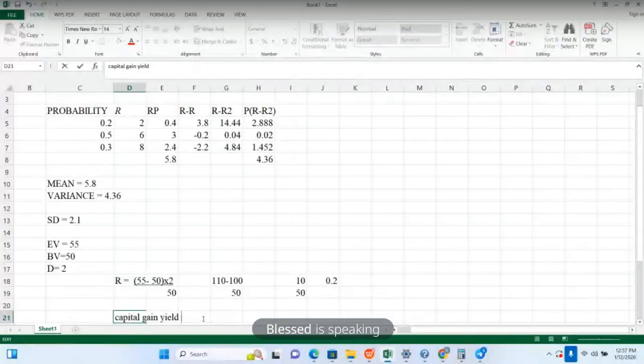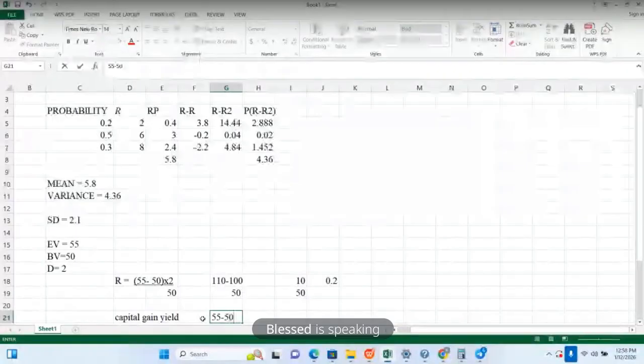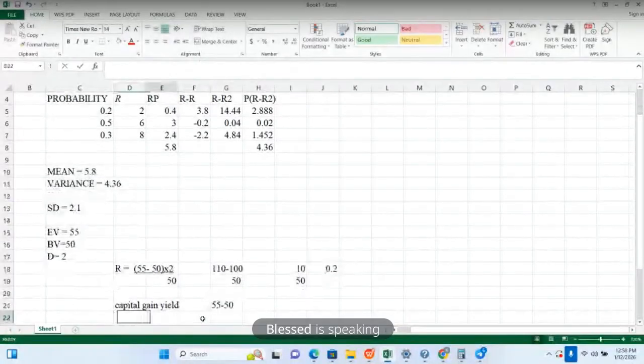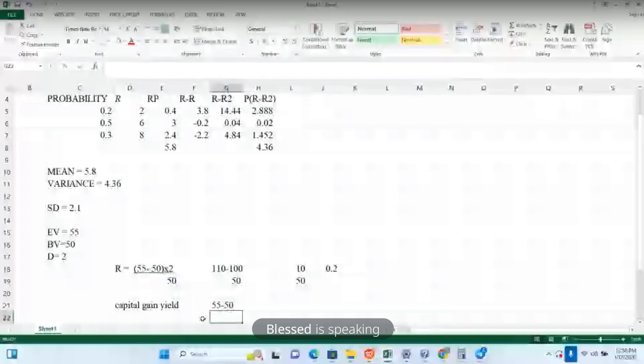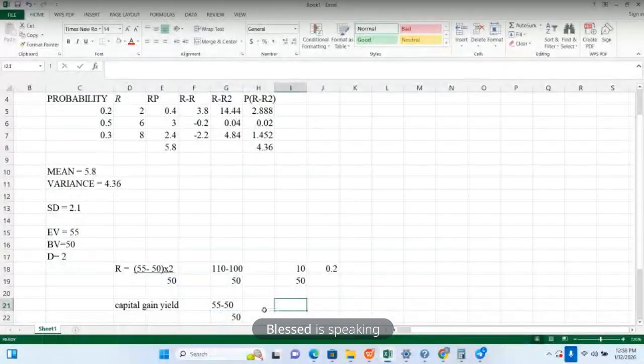This time around, we are not going to consider the times 2. Our BV is 50. So 55 minus 50, divided by 50, should give us 10%. Are you getting it?